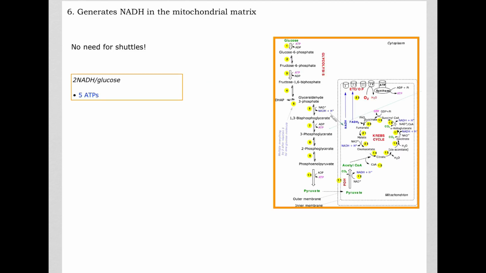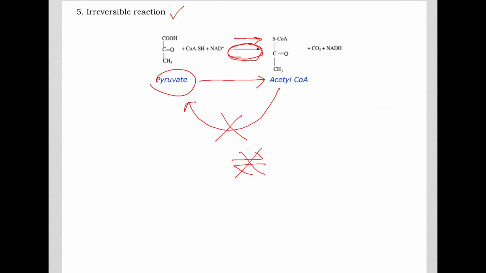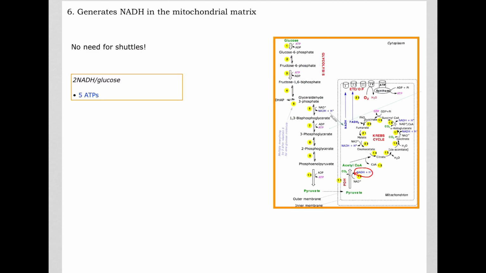Now we are always interested in the energy aspect of a reaction. This reaction does release NADH. If you go back here, you can see that NADH is a product. This reaction is happening in the matrix, so the pyruvate dehydrogenase complex is in the matrix, and NADH is released in the matrix.